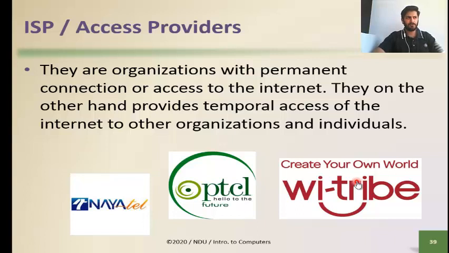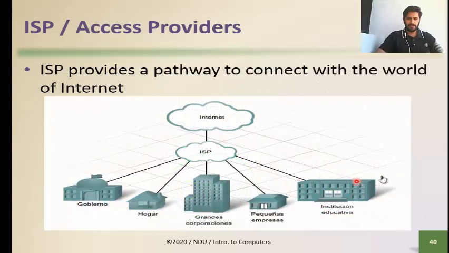For example, Zong is providing 4G services, and another service provider, Mobilink, is also providing 4G services. So we have a lot of service providers available nowadays, and it's a little bit of a big picture of what's happening between the ISP and the internet. The internet first comes towards the ISP, and then the ISP distributes the internet depending on the requirement of each user.